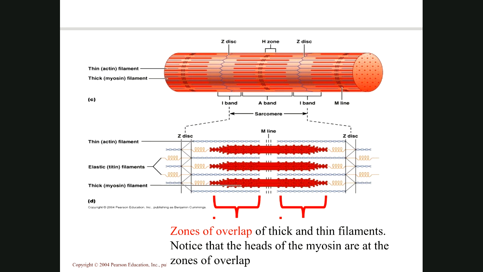In this case, this is a little myofibril, and you can see that from here to here is one sarcomere. So this is half of another sarcomere, this is half of another sarcomere. When you look at the sarcomere, you can see these red lines going across in the middle of the sarcomere.